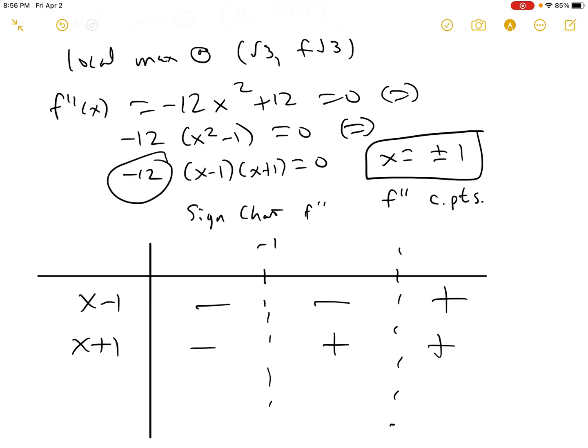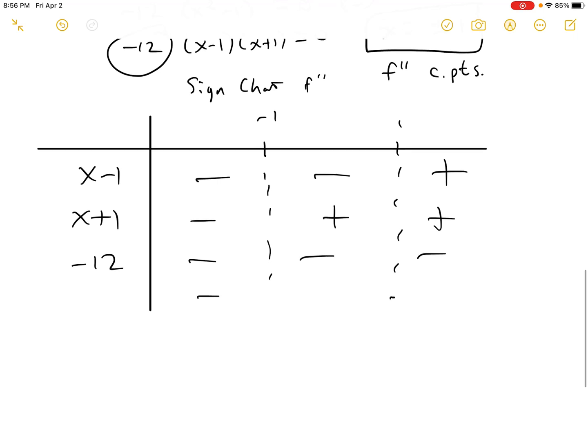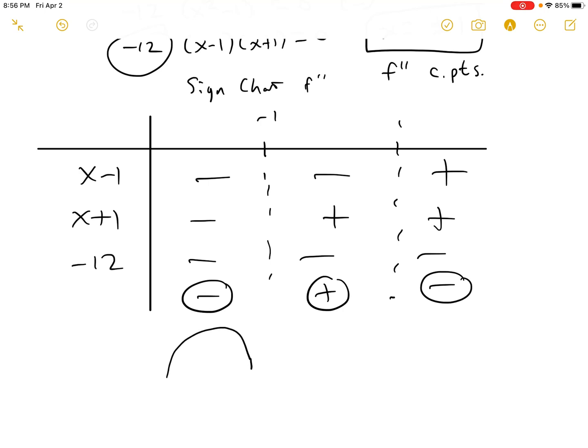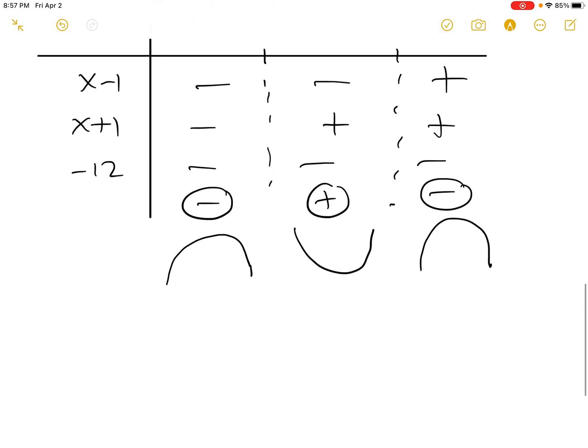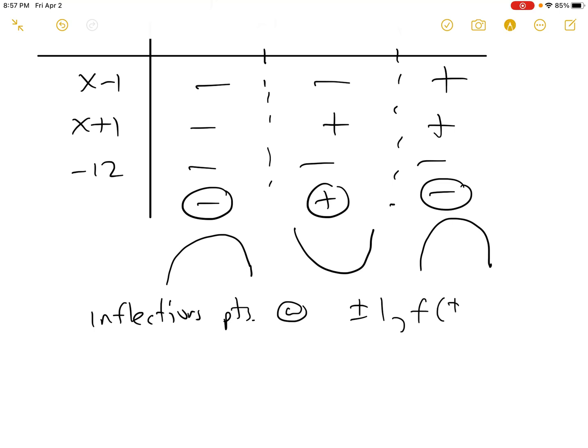And you got to deal with this negative 12, which is negative everywhere. So I have negative, positive, negative. So concave down, concave up, concave down, and we have inflection points at plus or minus 1, comma f of plus or minus 1.